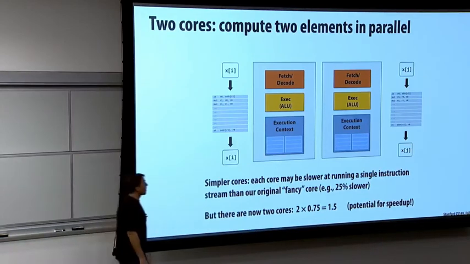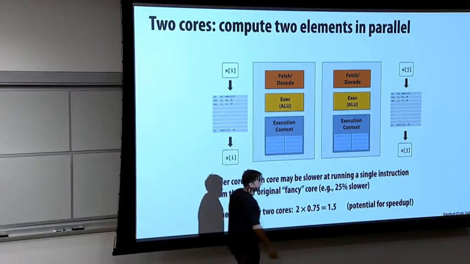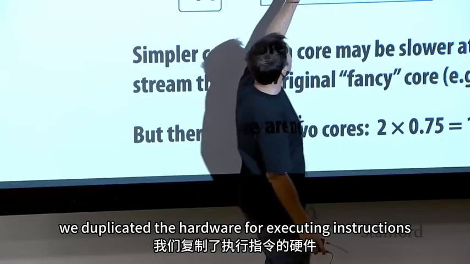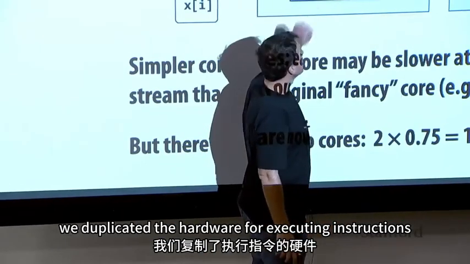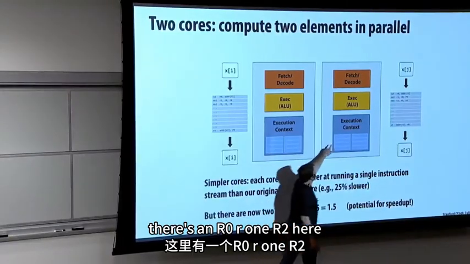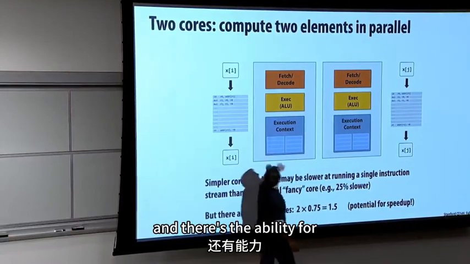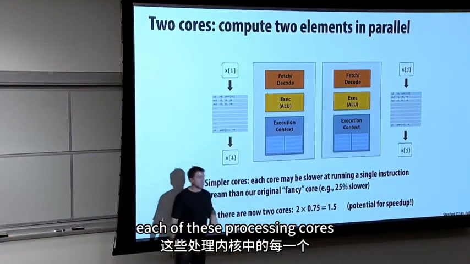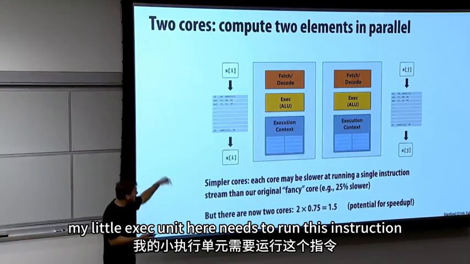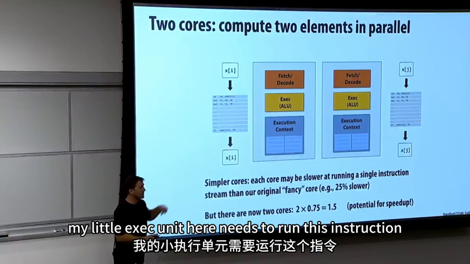Yes? Can you talk about the execution context? Like, how many duplicated registers here? Yeah, we just duplicated everything. We duplicated the hardware for executing instructions. We duplicated the registers. There's an R0, R1, R2 here. There's an R0, R1, R2 here. And each of these processing cores can look at the instruction stream they're supposed to run and say, my little exec unit here needs to run this instruction next.